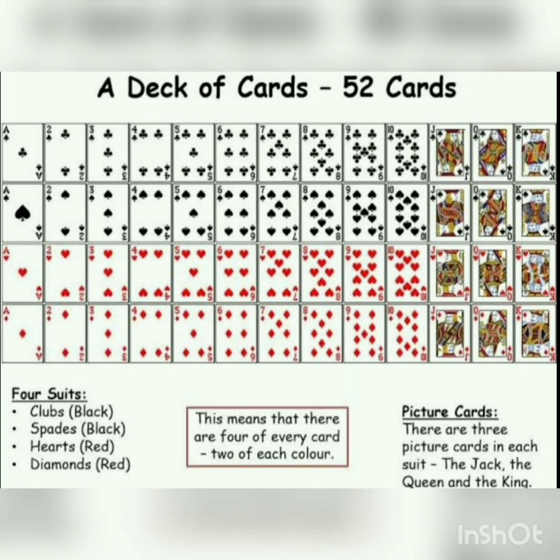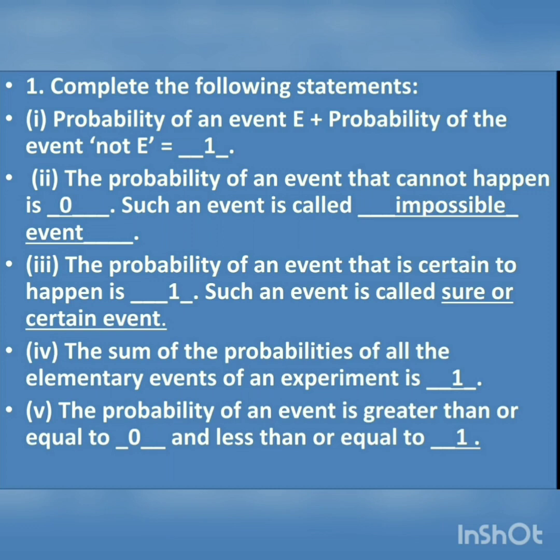Okay, so next we are going to start our exercise. Question number 1, these are blanks. The first blank: the probability of an event plus the probability of not an event is always equal to 1. The probability of an event that cannot happen is always 0, and these types of events are called impossible events.